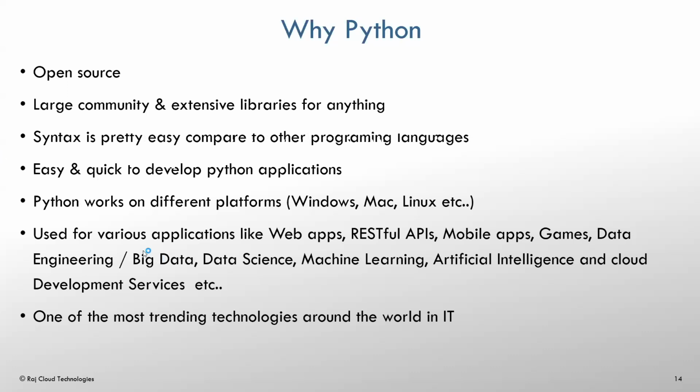Moreover, it is platform independent. You can write your program on Windows and run it on Windows, Linux, or Mac. Till now, whatever we develop on Windows, we deploy on Linux. We don't compile or do anything.